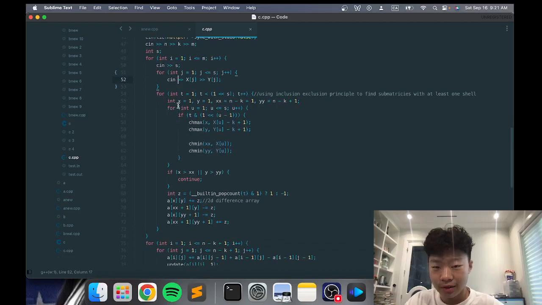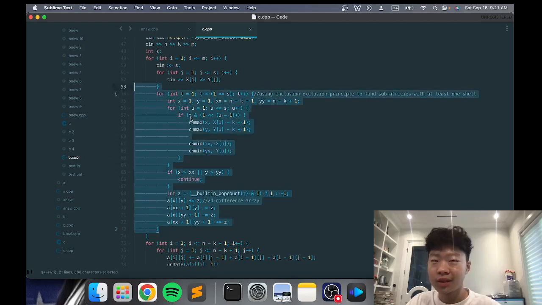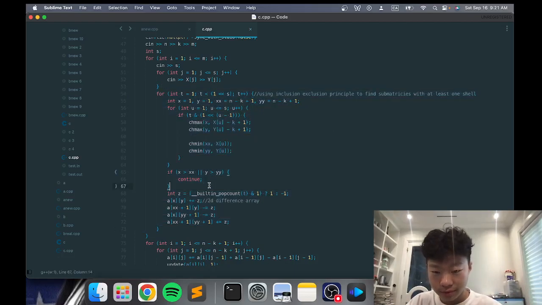First input, then using the inclusion-exclusion principle to find all of the submatrices that have 1 shell. This is some basic inclusion-exclusion principle stuff. And this is a 2D difference array. I don't want to explain the 2D difference array; you can probably search it up somewhere.